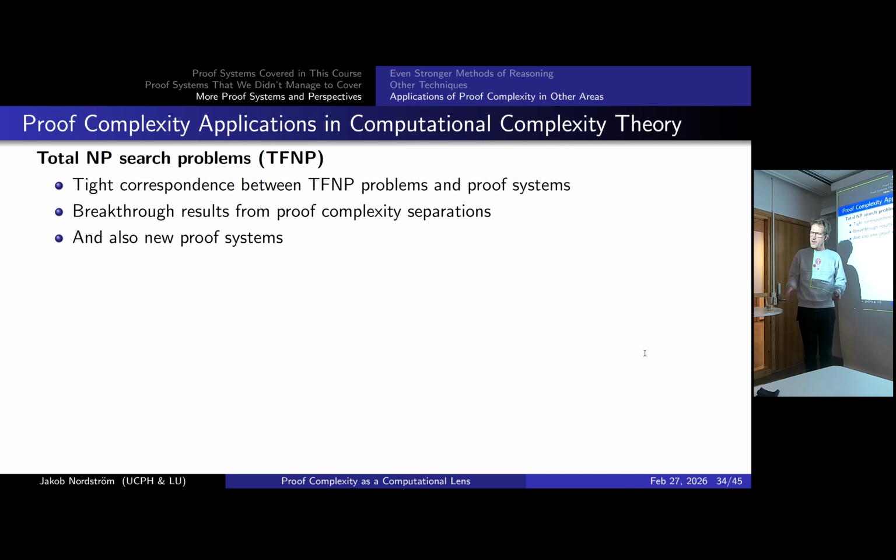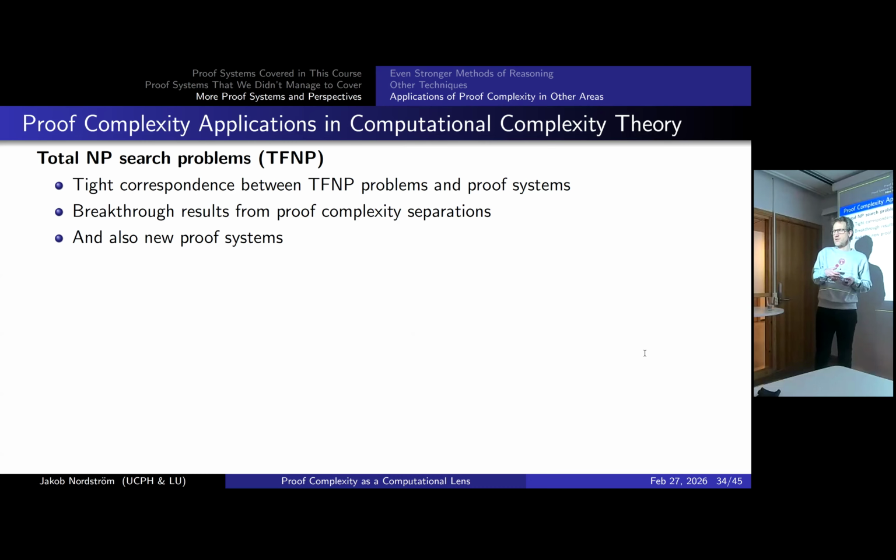And what has been discovered is that when you want to understand how these relate to each other, it turns out that different classes of TFNP problems correspond in a fairly precise way to different proof systems. And this has led to quite exciting developments and arguably a number of breakthroughs, where you can ask about different total NP search problems, and then you can translate it into separation results for, say, Sherali-Adams and other things.